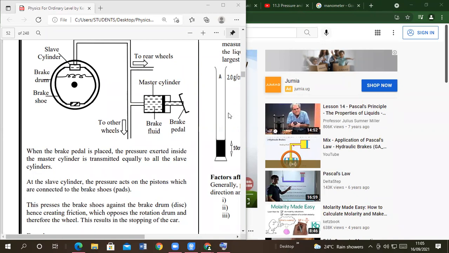They don't use water, because water cannot reduce friction, but oil can reduce friction within this master cylinder and the piston. So that's why they use brake fluid. Brake fluid is incompressible. That's reason number one. And the other reason is that because it is oil in nature, it reduces the friction within the master cylinder.